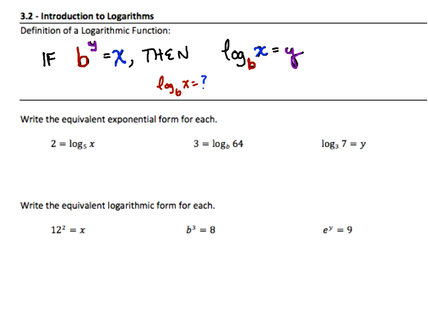So let me just give you one numerical example, and then we'll move through these other examples of moving between the different forms. Let me start out with the exponential form.